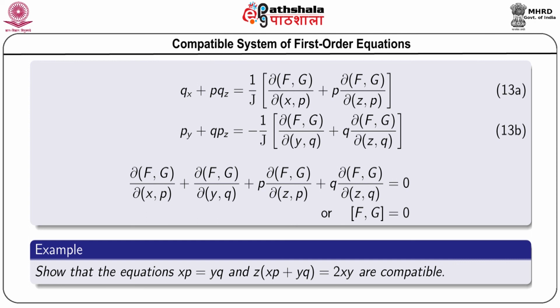Now, we shall take one example to explain the procedure more clearly. So, this is one example. We have to show that xp equals yq and z into (xp plus yq) equals 2xy are compatible. So, there are two given first order partial differential equations, and we have to prove their compatibility.